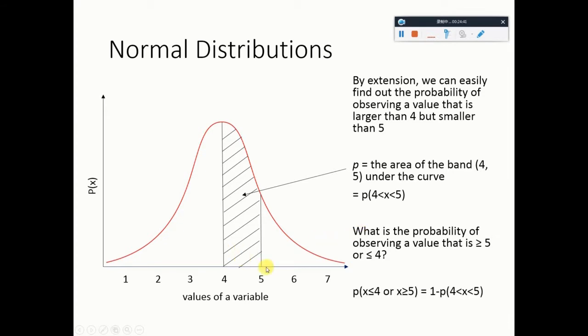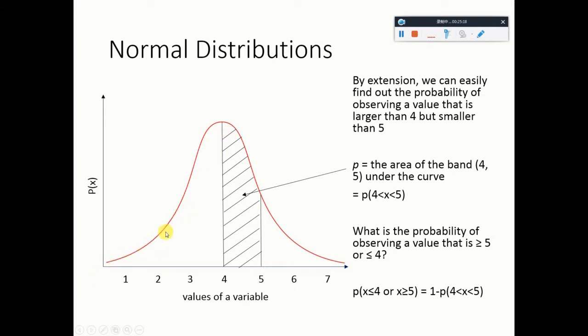The answer is the probability of finding a value that's no smaller than 5 or no larger than 4 will be 1 minus the probability of finding any value within this interval. It makes sense, I hope, why we can subtract this probability from 1, because we said in the previous class that the total area under this curve is 1.